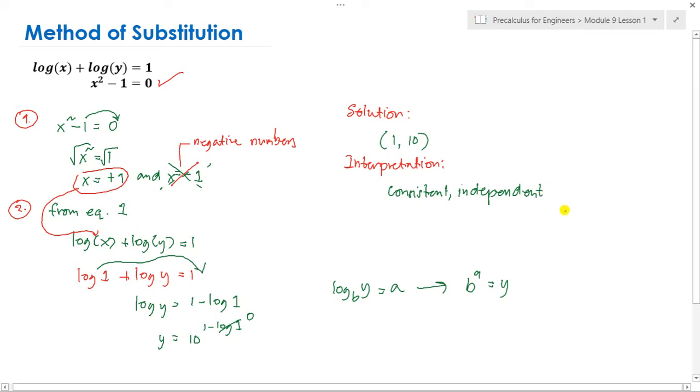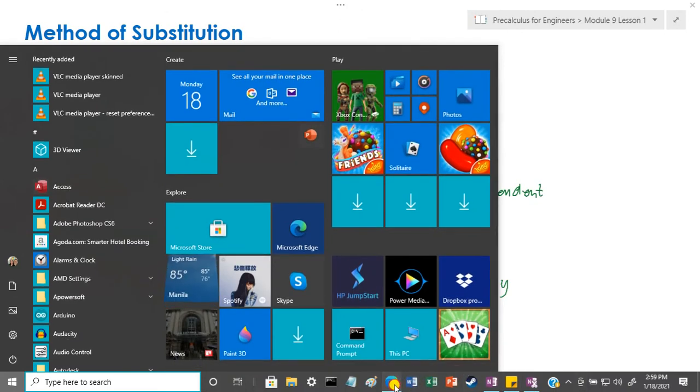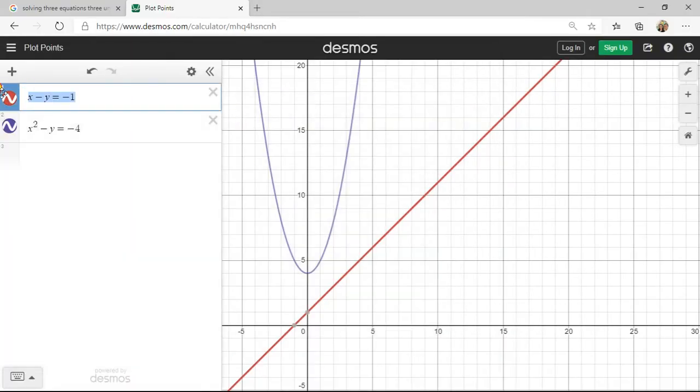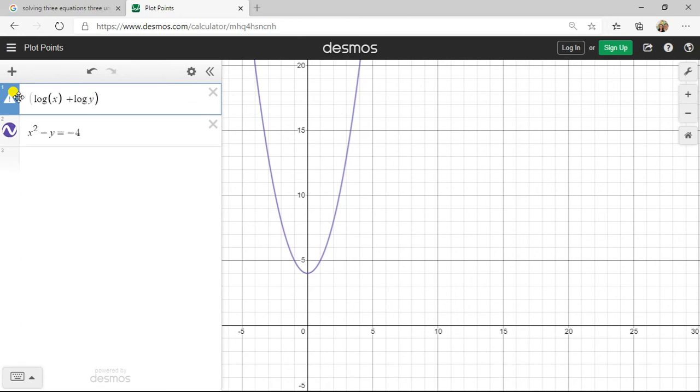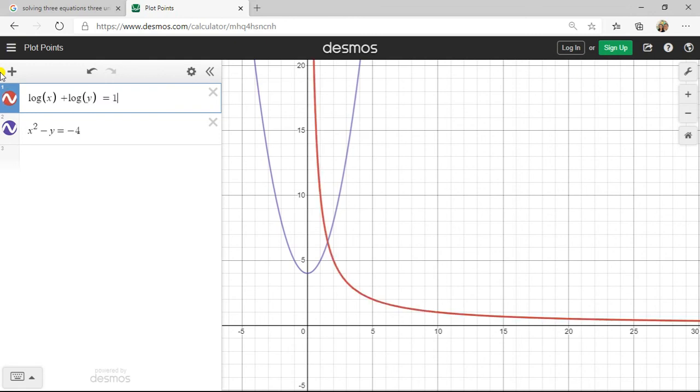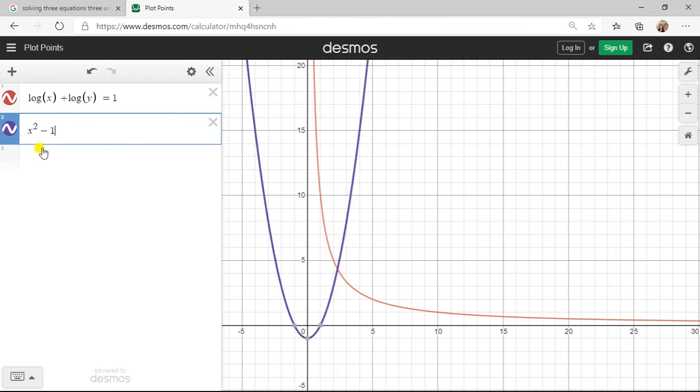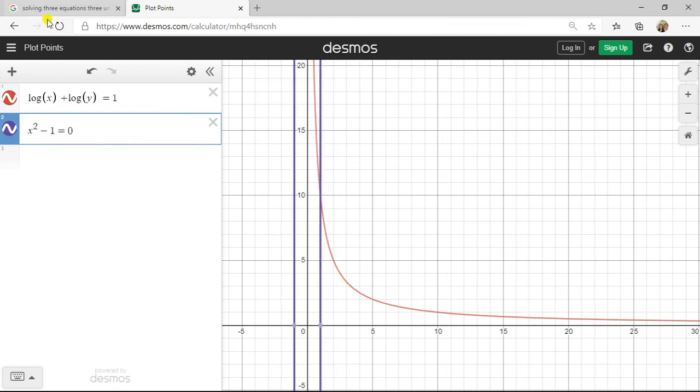So let's go to our site. So here we are. We have log of x plus log of y equals 1. The second is x squared minus 1 is equals to 0.